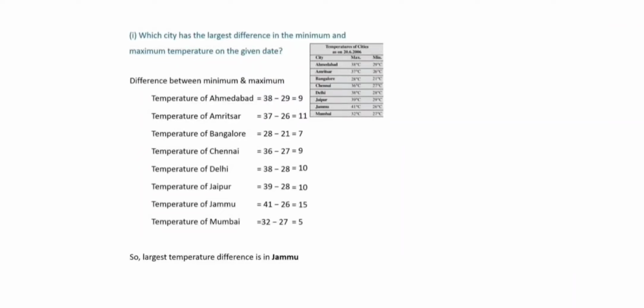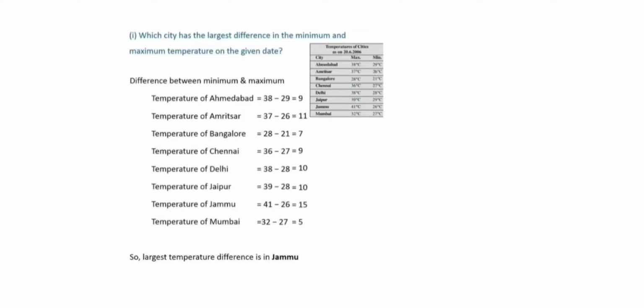For Ahmedabad we need to calculate the difference: maximum minus minimum, 38 minus 29 is 9. Amritsar, 37 minus 26, 11. Bangalore, 28 minus 21, 7, and so on. We can calculate the differences.